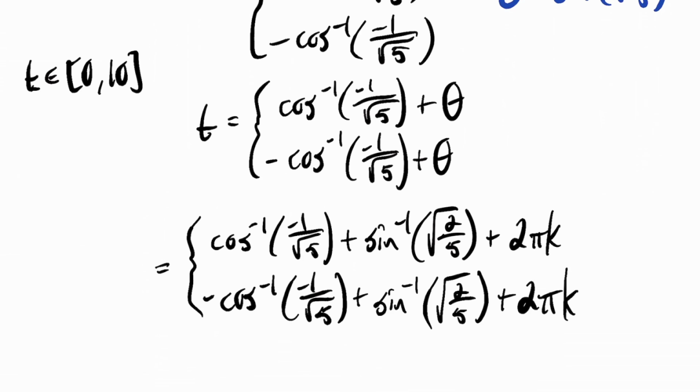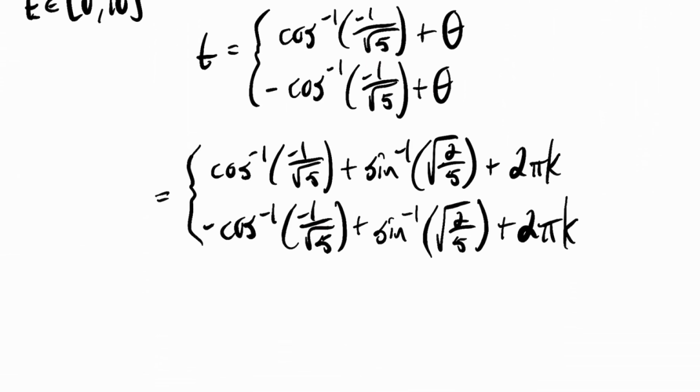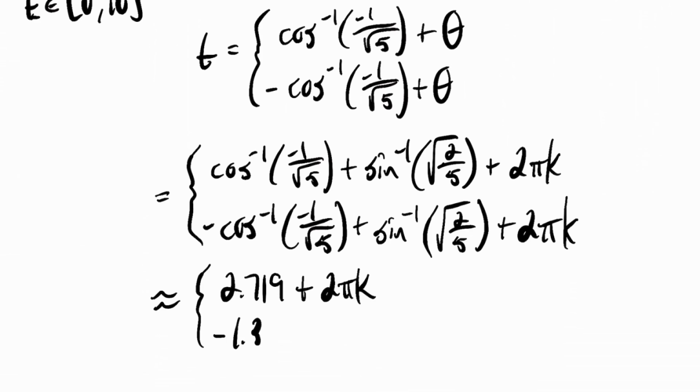I haven't confirmed it by double checking in 2 calculators, but I'm getting that this is approximately 2.719 plus, we'll see how many copies of 2 pi k we need. And then also I need to negate that first inverse cosine. My other value is negative 1.350 plus 2 pi k, however many copies we need.